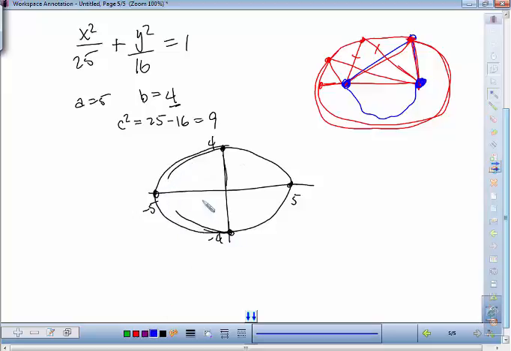And now you can identify your focus points. And this turns out to be at 3. So your foci are going to be at 3, 0, and at negative 3, 0. Okay? So now if you imagine a shift there, then you can figure out how things are going to shift.